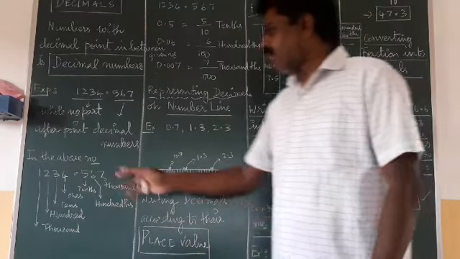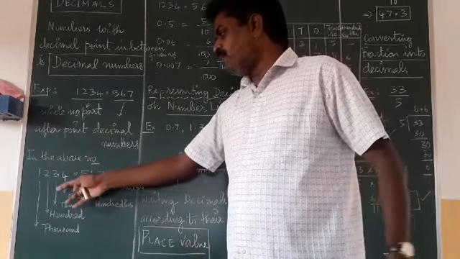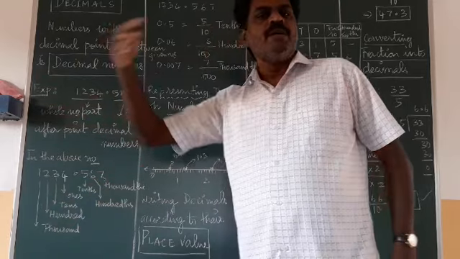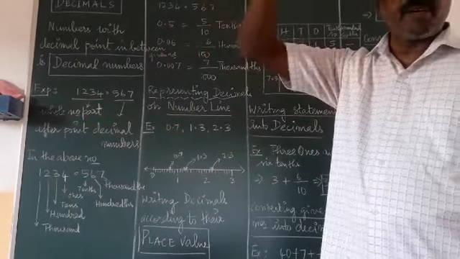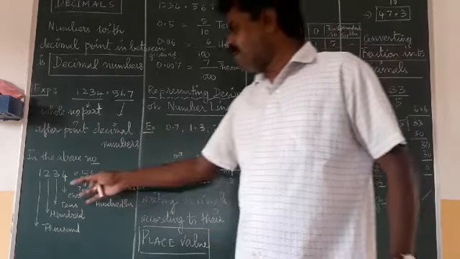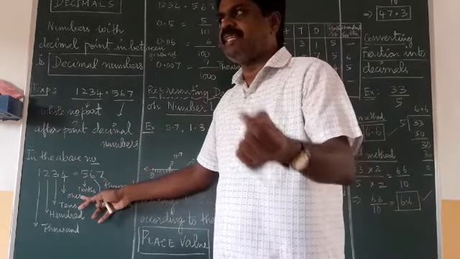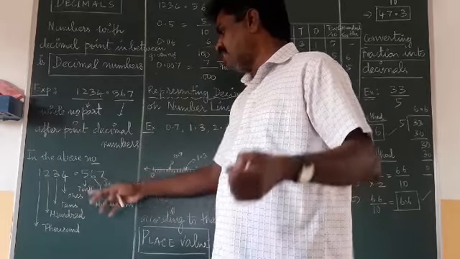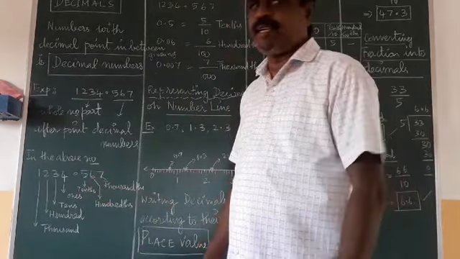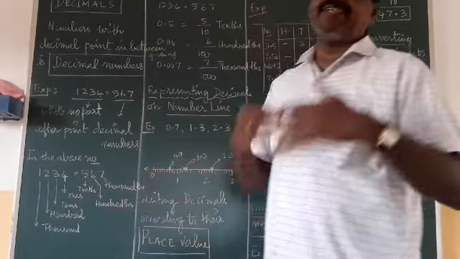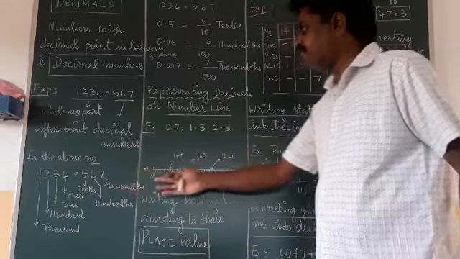In the whole number part, you know a whole number will contain ones, tens, 100, 1000, 10,000, lakh, 10 lakh, crore, 10 crore, like that it will be increasing. In the decimal part it will be going in tenths. The first digit is the tenth digit, the second digit is the hundredth digit, the third digit is the thousandth digit, the fourth digit is the ten-thousandth digit. Like that it will be increasing.